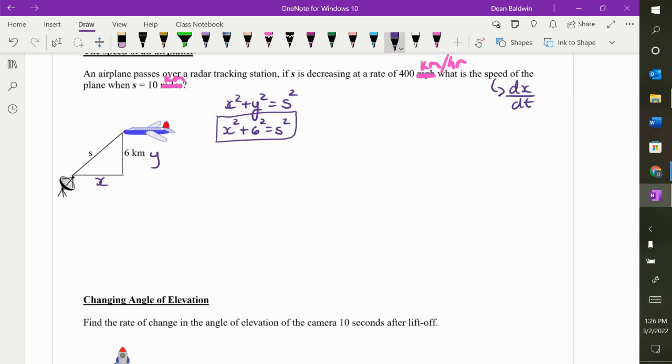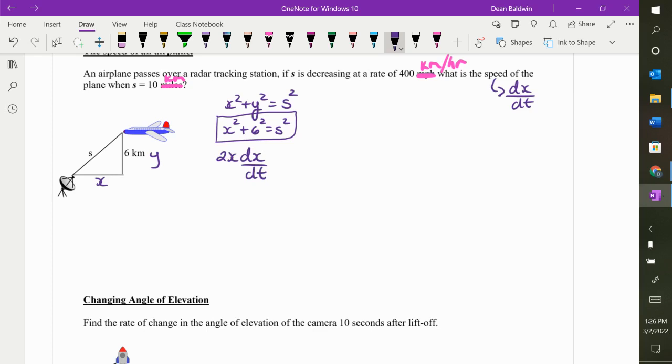All right, so what do I do? Once you have your formula, if you don't know what to do, what should you do? Take the derivative with respect to time, right? These are rate problems. So the derivative of x squared with respect to time is 2x times dx dt.